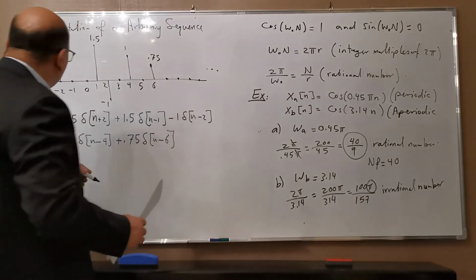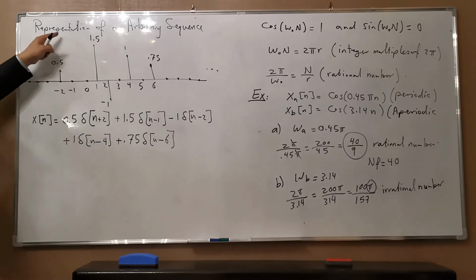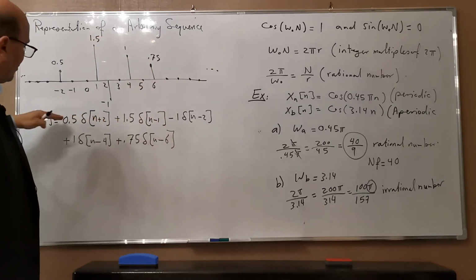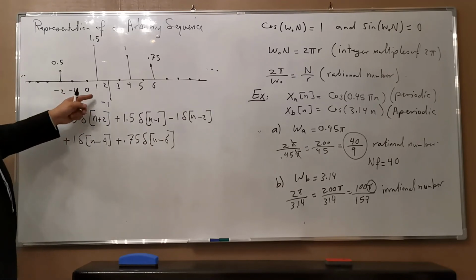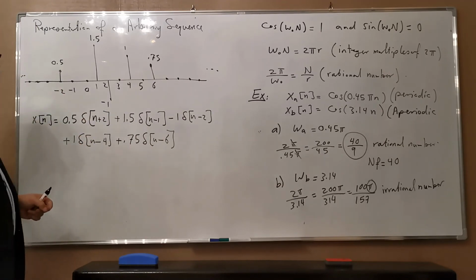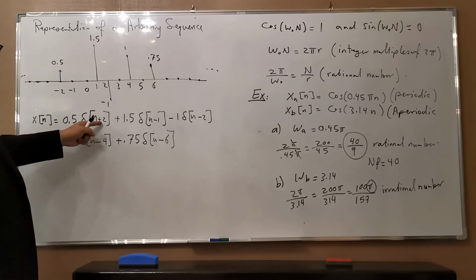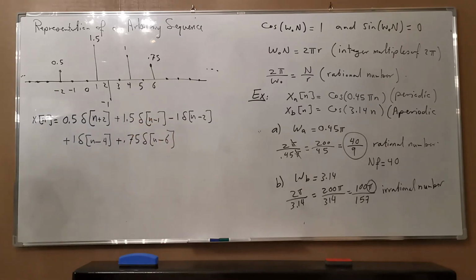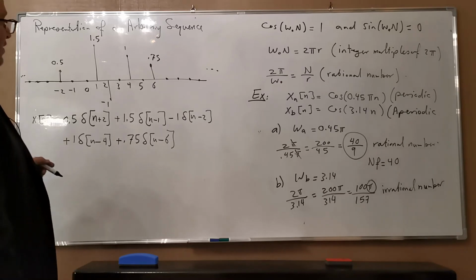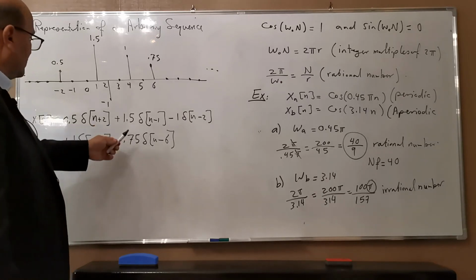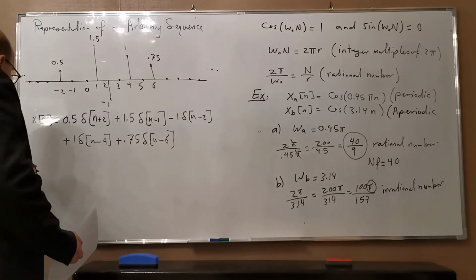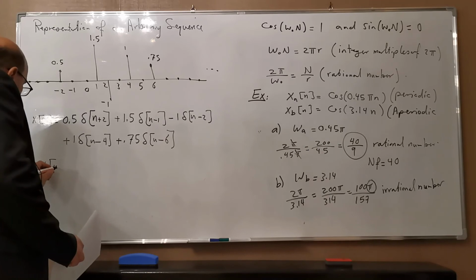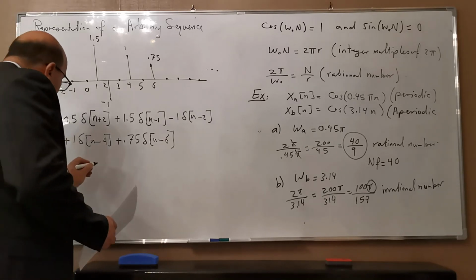You can see that any arbitrary sequence can be represented as weighted deltas shifted at the appropriate index. So x of n is a summation of weighted deltas in this manner. If you have any sequence, you can put it in this manner.